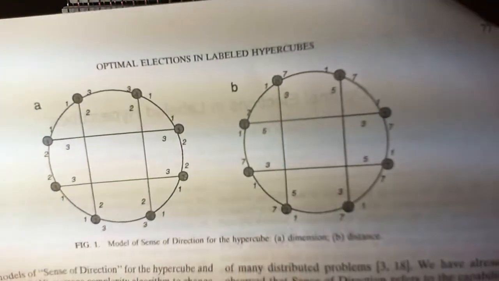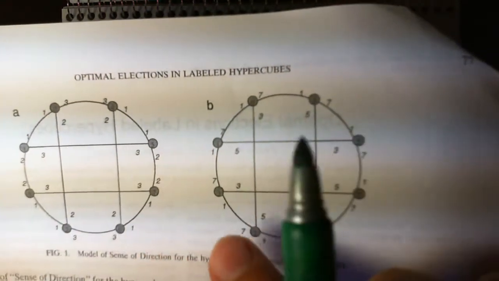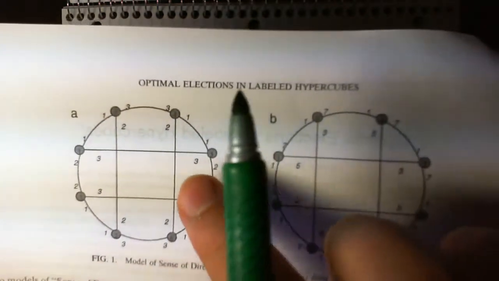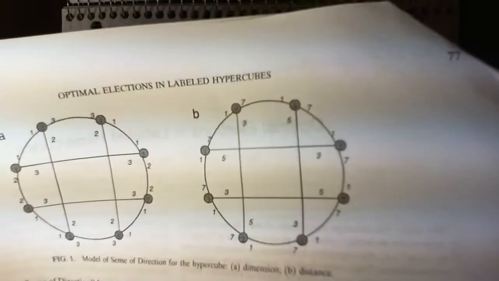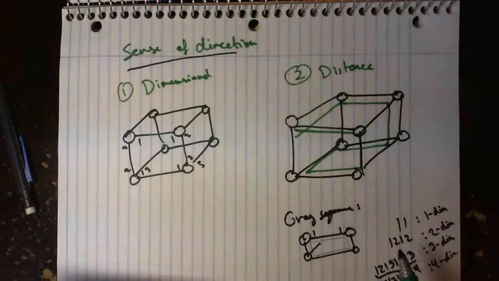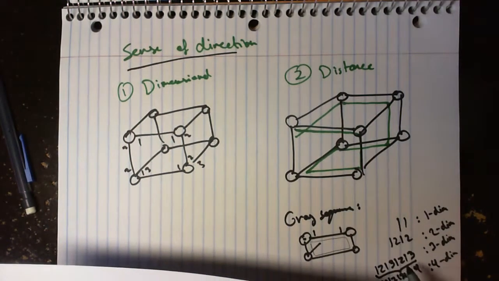Now let's try out a sequence and create our own cycle in this. The sequence we have for 3 dimensions is 1 2 1 3 1 2 1 3.